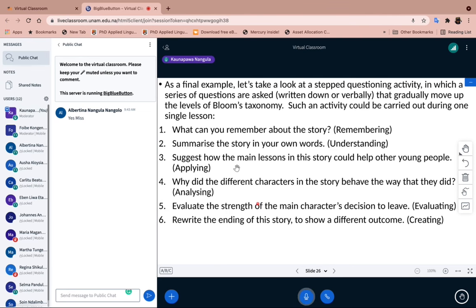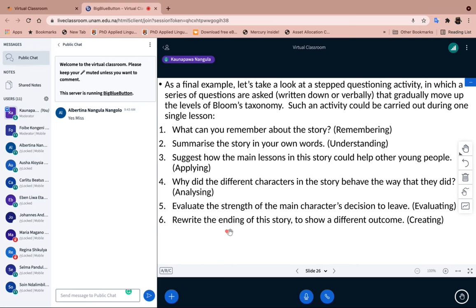Now we are going to look at a very specific example of using the different levels within a classroom, within an activity. So this is now as a final example. Let us look at some of these stepped questioning activities, in which a series of questions are asked.